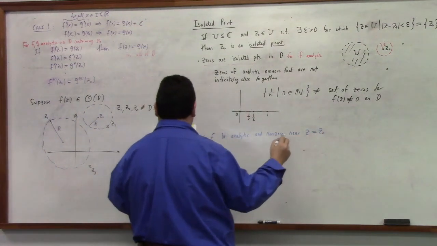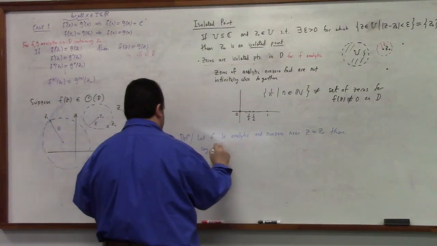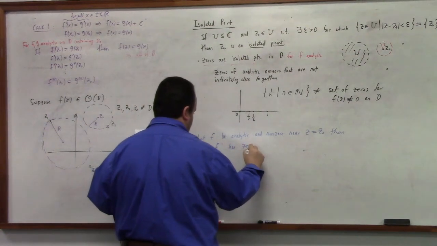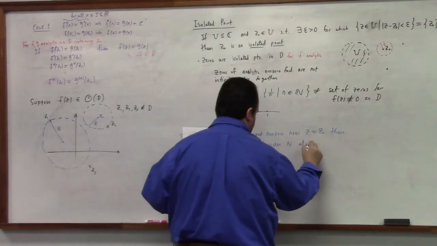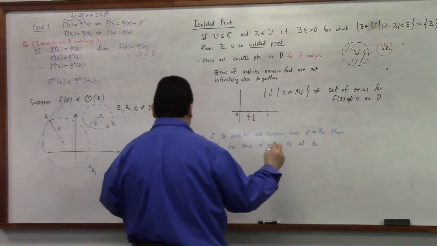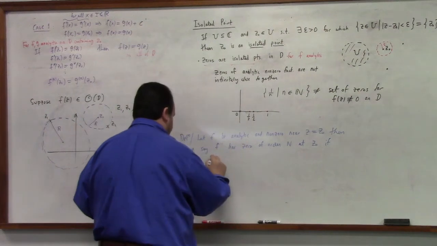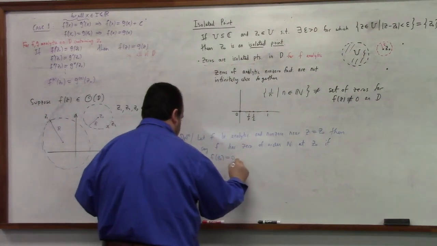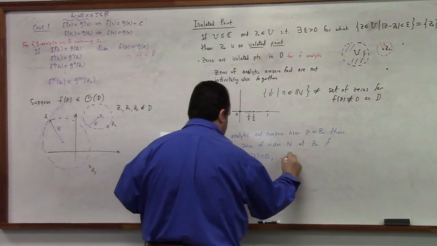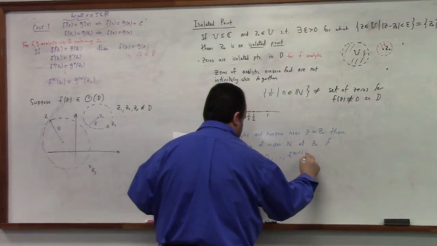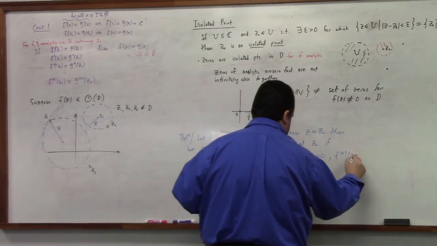Then we say f has a zero of order n at z naught if f of z naught is equal to 0, f prime of z naught is equal to 0, all the way on out to the (n minus 1)th derivative at z naught is equal to 0, and the nth derivative at z naught is not equal to 0.